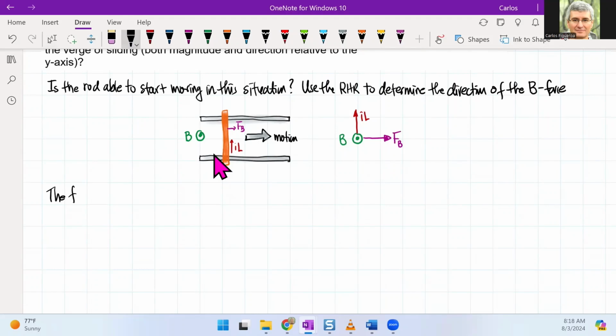The forces that act on the rod are the magnetic force, of course.